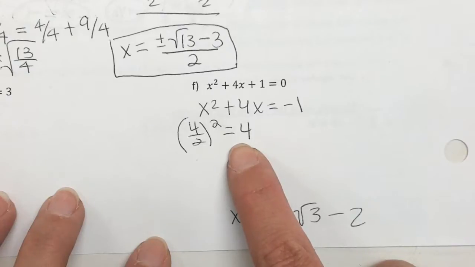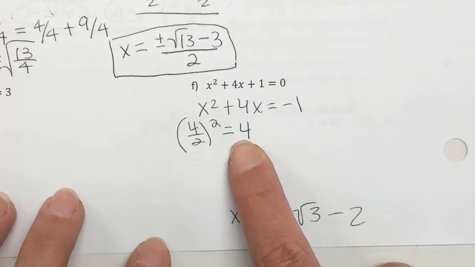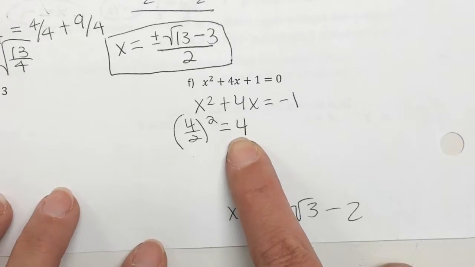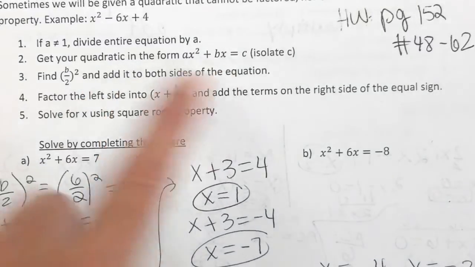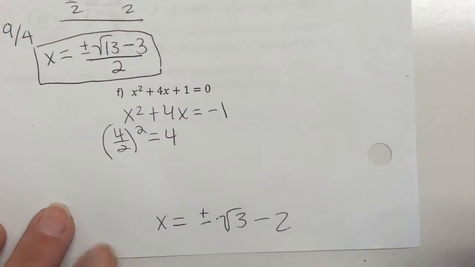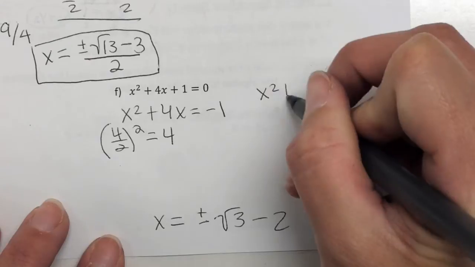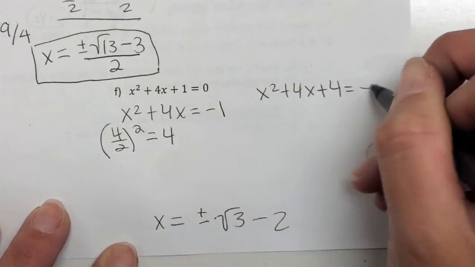We're working on F. We found b over 2 squared. We're on step 3. What do we do after we find b over 2 squared? You add. To where? Step 3: add it to both sides of the equation. So it would look like this: x squared plus 4x plus 4 equals negative 1 plus 4.